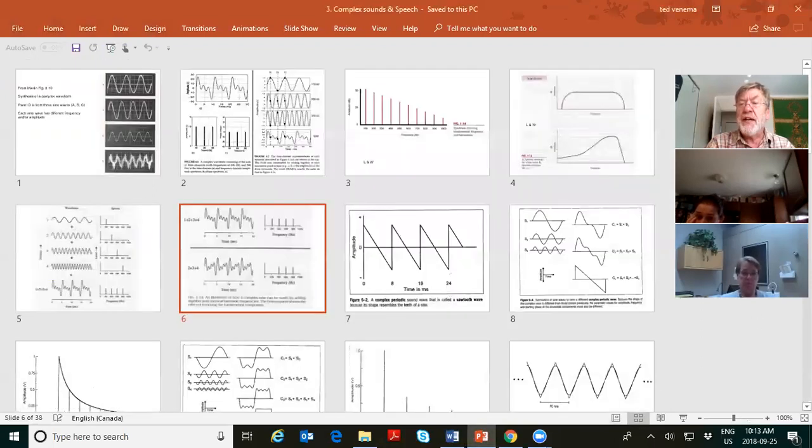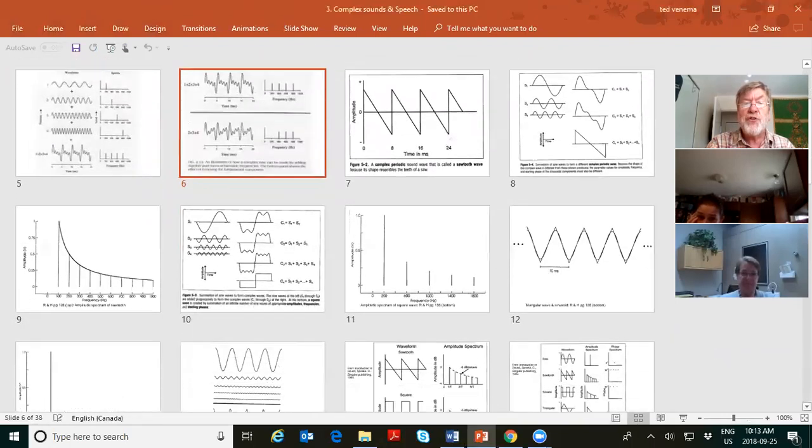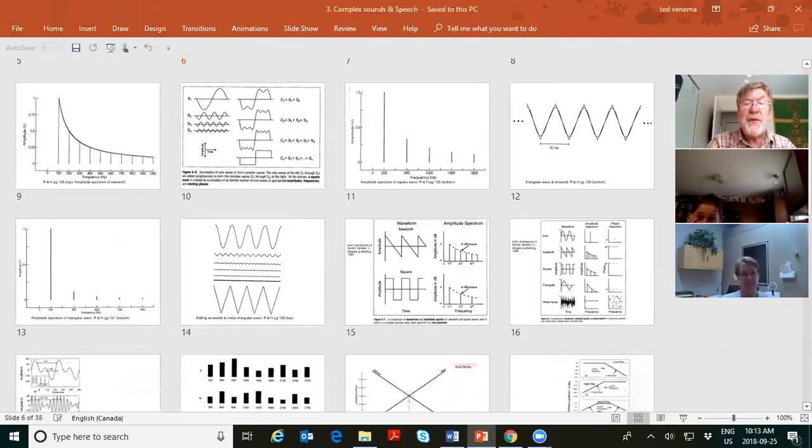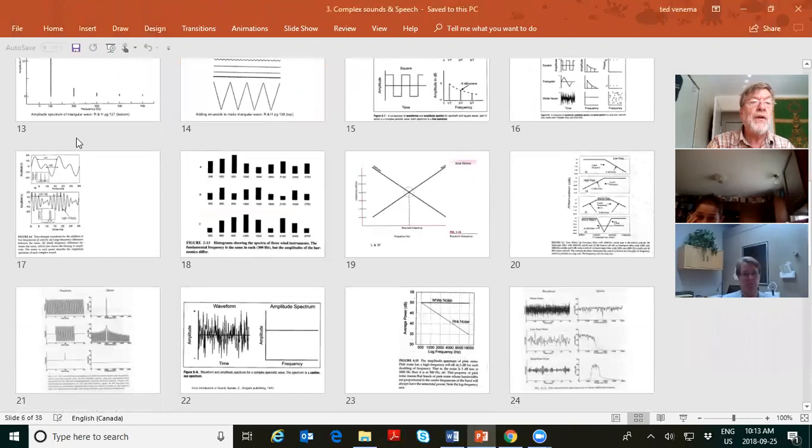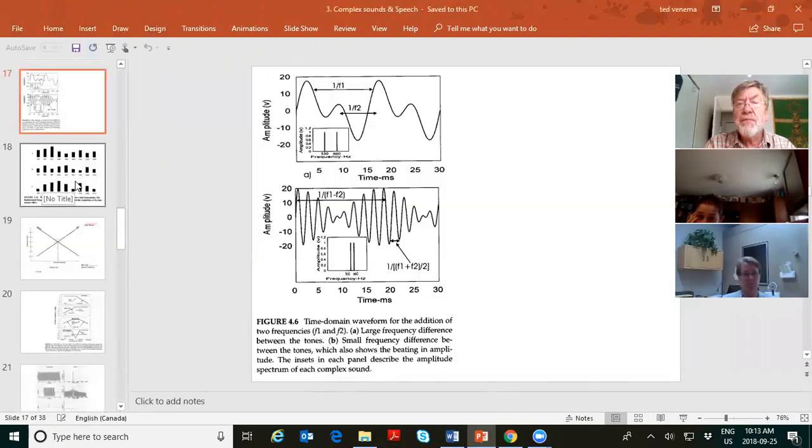So when you start getting into adding frequencies close together, you're going to see something that looks like this. Look at this. Wow. So the wave is actually going up and down like bumps, like beads on a necklace.